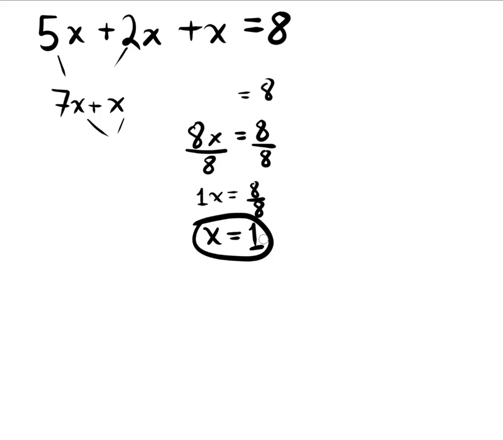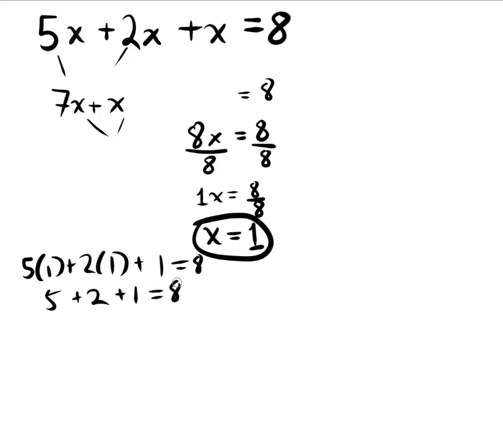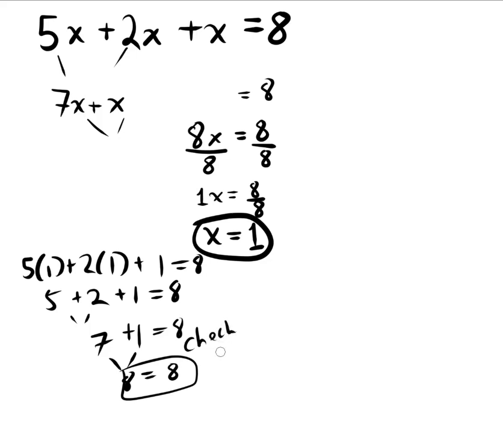All right, so once again, I don't have to take my word for that, or wonder if I got it right. I could actually plug in everything, and I'll do that right now. I'll go 5 times 1 plus 2 times 1 plus 1 is equal to 8. 5 times 1 is 5, plus 2 times 1 is 2, plus 1 should equal 8, and sure enough, 5 plus 2 is 7, plus 1 is equal to 8. 8 is equal to 8, and since that worked, I can say my check is complete, right?